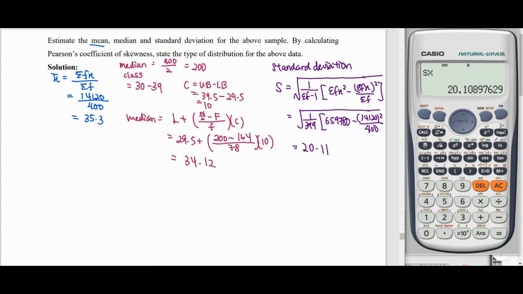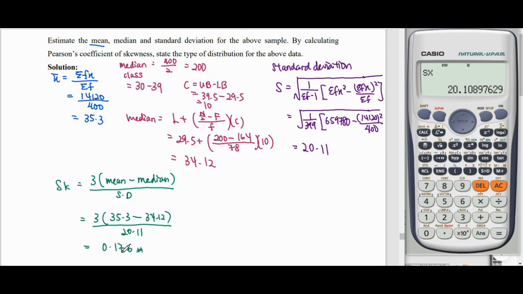So next we're going to calculate the Pearson coefficient of skewness since we have the median. The formula that we're going to use will be formula 1, where 3 multiplied by mean minus median, divided by standard deviation.